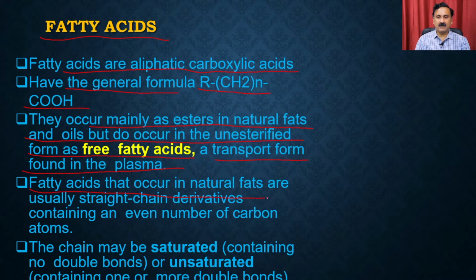Fatty acids that occur in natural fats are usually straight chain derivatives containing an even number of carbon atoms. They may be saturated, which means they contain no double bonds, or they can be unsaturated, which may contain two or more double bonds.